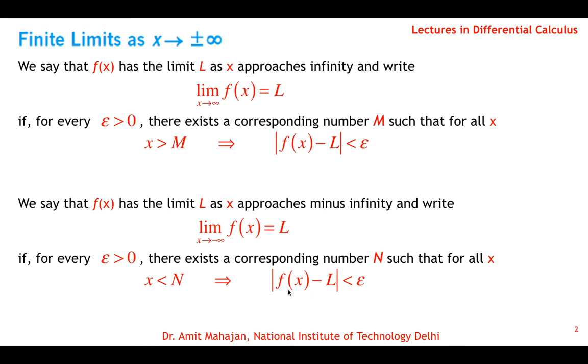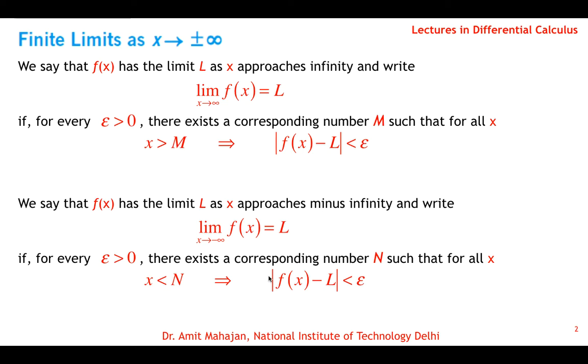That means the function lies within epsilon distance from L for every x smaller than this number N. So these two are the definitions for finite limits when x goes to plus infinity or minus infinity.